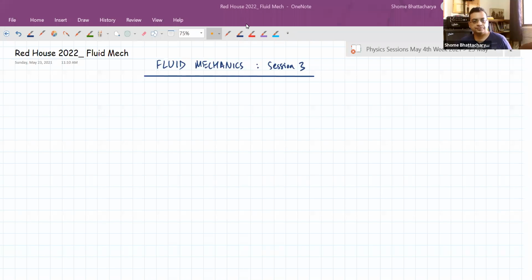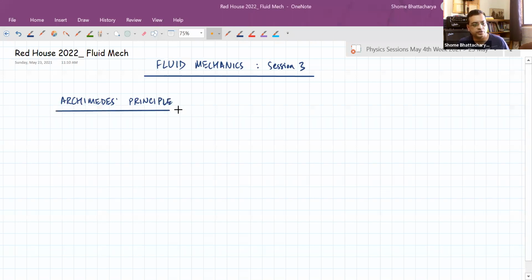Okay, so let's begin. So we saw about Archimedes' principle last time. That upthrust or buoyant force equals the weight of fluid displaced.